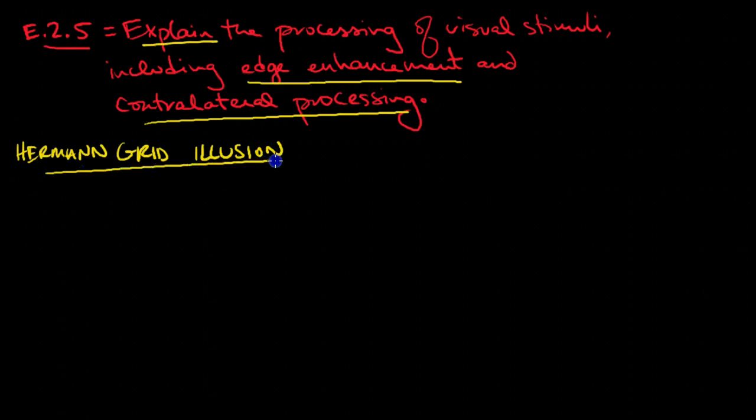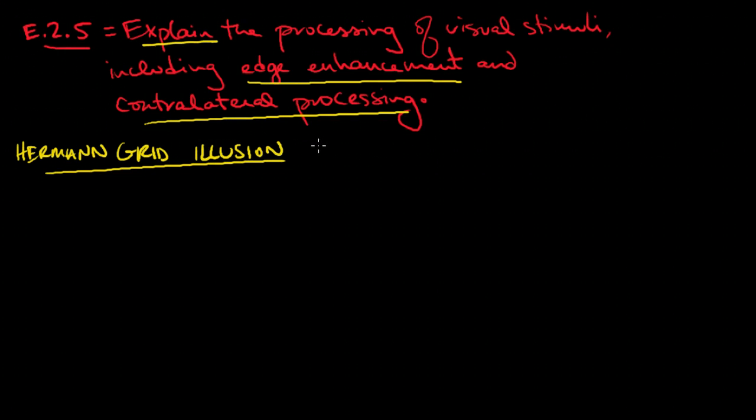If you look at that, it's in the textbook in this section of the reading. The idea is that if you focus on any one part of the illusion, you'll start to see gray spaces at the intersections of the white and the black.